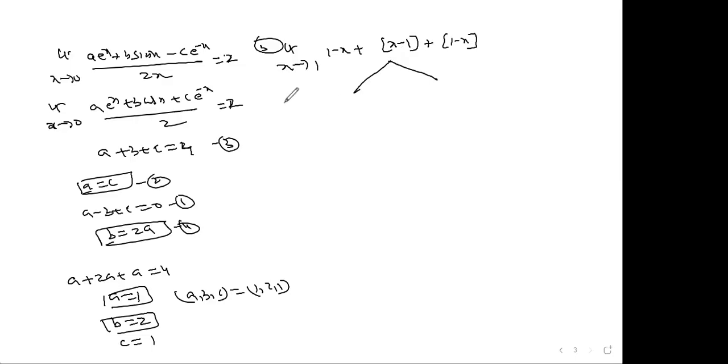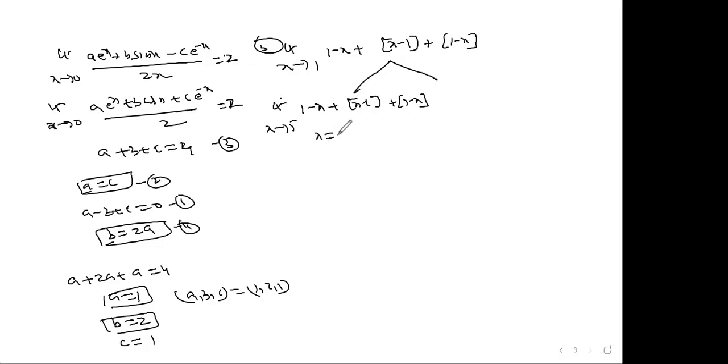Here I have to go for, because in this question he has given a step function, that's why I would like to go with LHL and RHL. Nana, so 1 minus x, this is what, x minus 1 step is there. And here 1 minus x is also there.